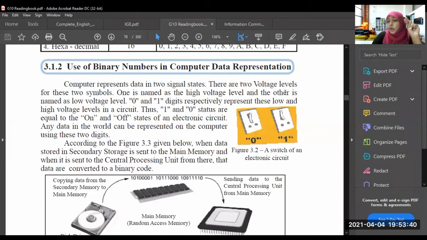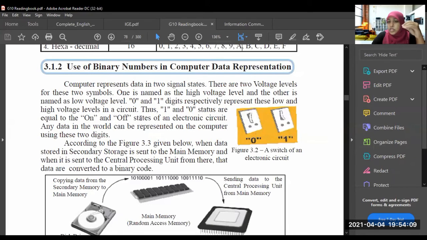There are 2 voltage levels for these 2 symbols. One is named the high voltage level and the other is named the low voltage level. So 0 and 1, we call them digits.